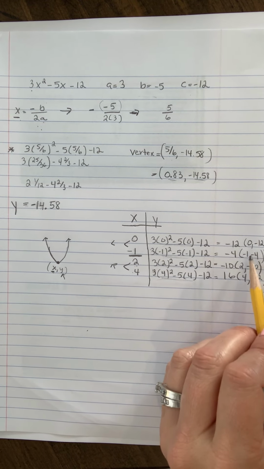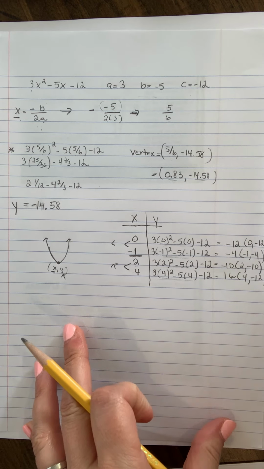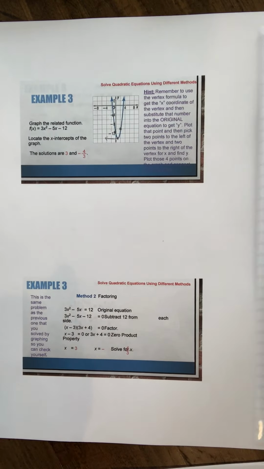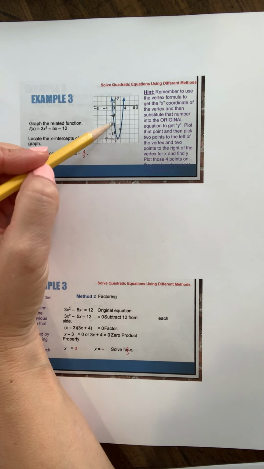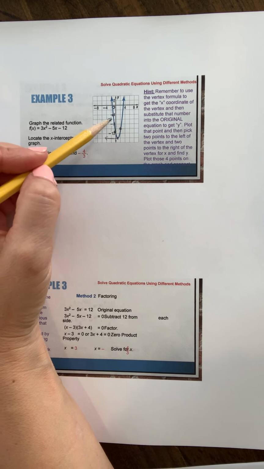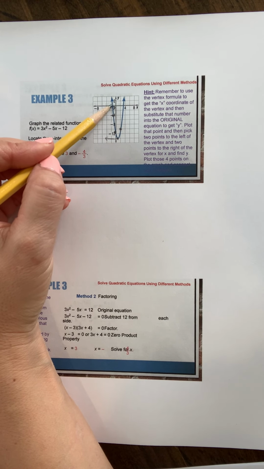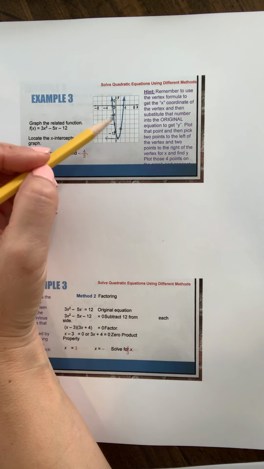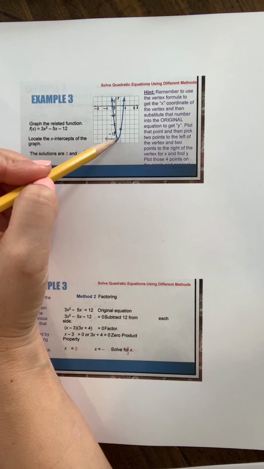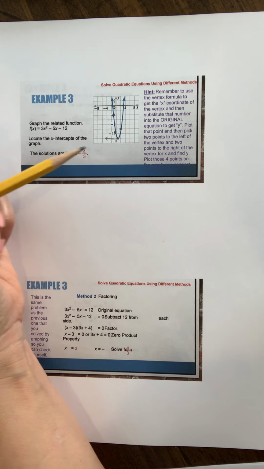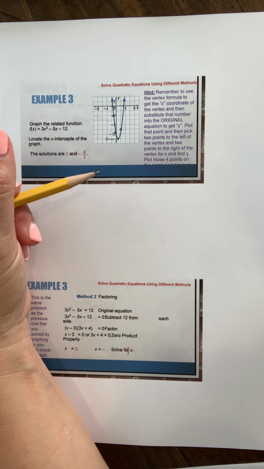So now I have 4 points that I can plot onto my graph, and it will help me get the rest of my parabola. Now, the points I gave don't accurately give me where those x's cross. But if I continue going up, I can maybe guess. I don't know. This is why I don't love the graphing.